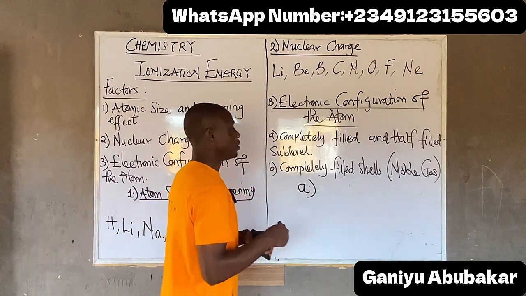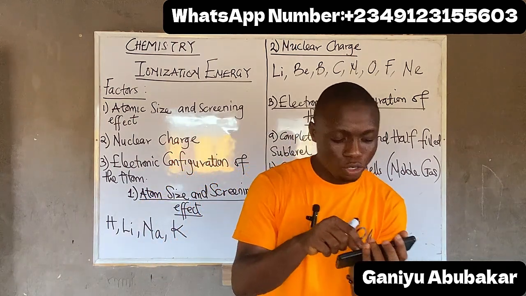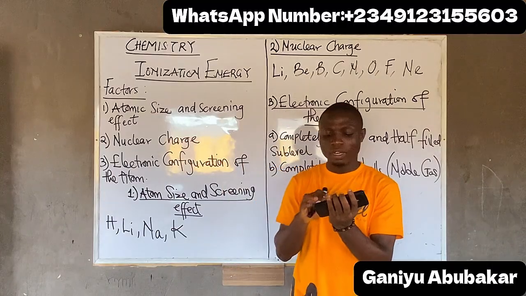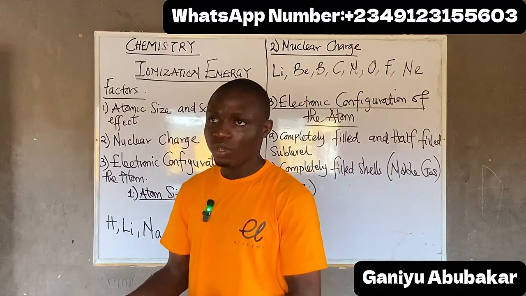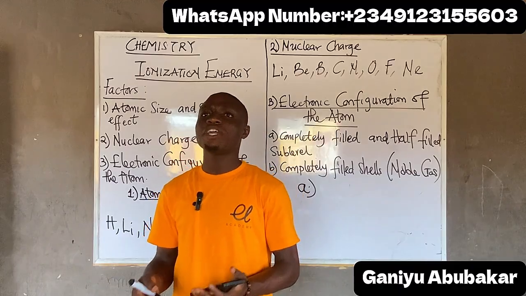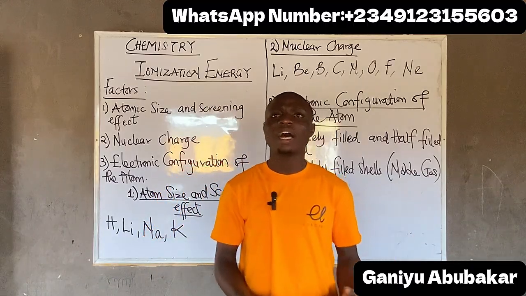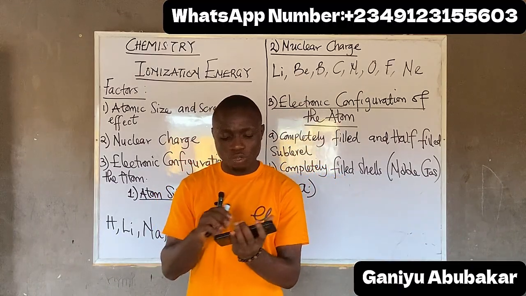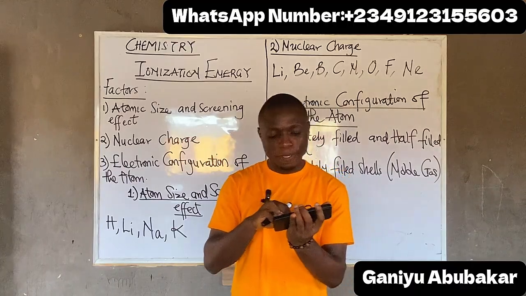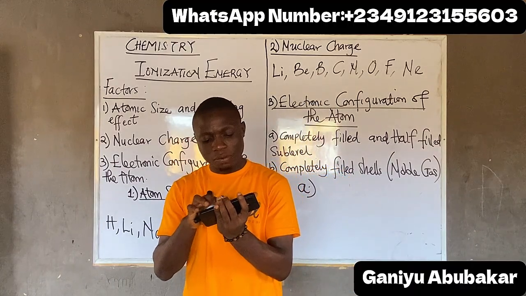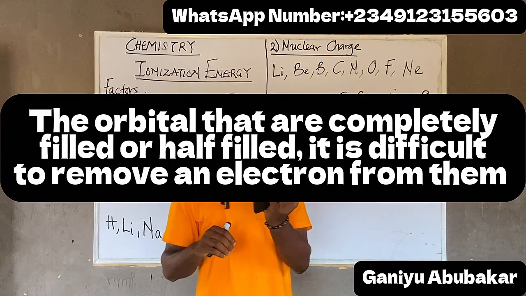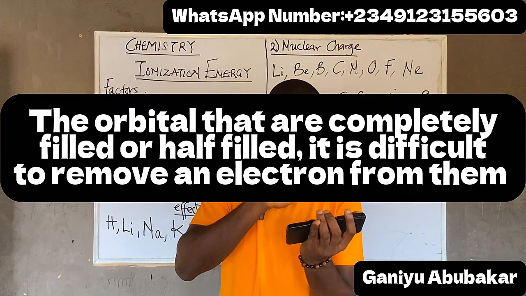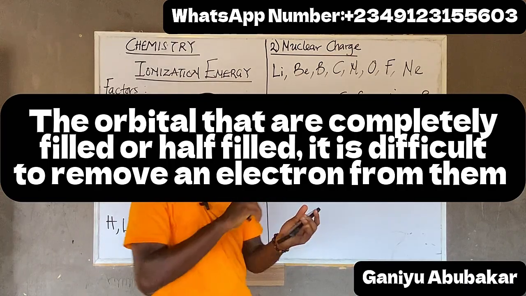So let's explain A, please. A indicates completely filled and half-filled. If you have a completely filled electron and a half-filled electron, what comes to mind? Put this down, please.